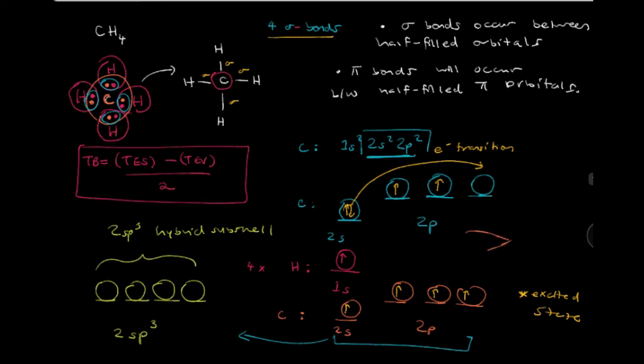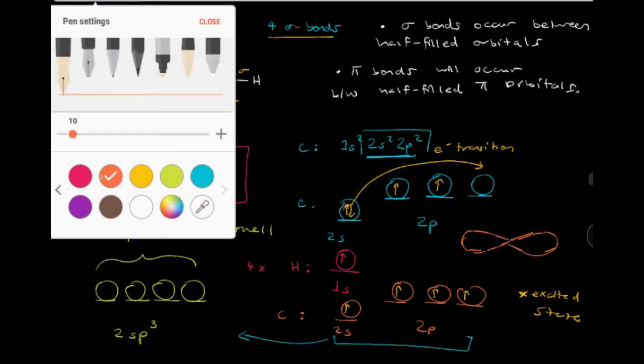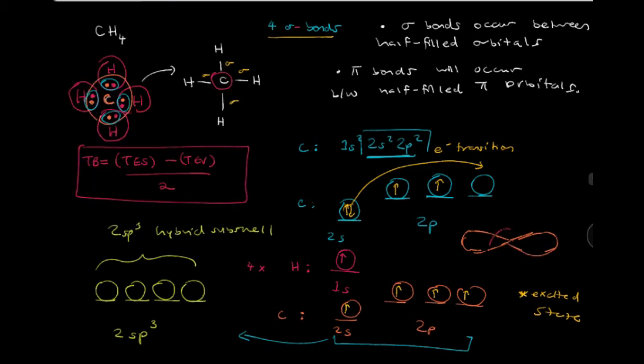Okay, here's your p orbital. We have an s orbital that's combining with it. And parts where there's an overlap, there's basically going to be an enlargement of that region. Parts where there isn't an overlap, there's going to be a shrinkage of that region.